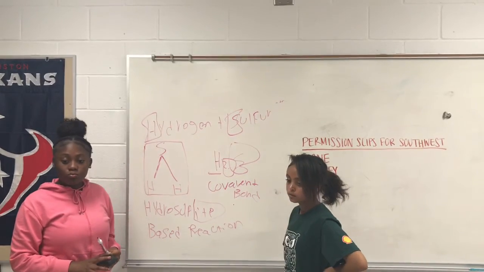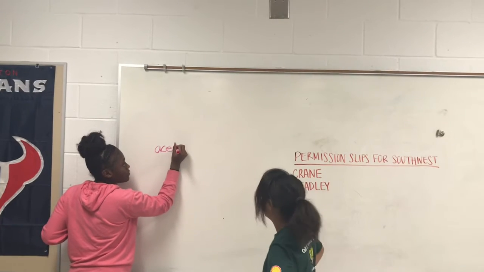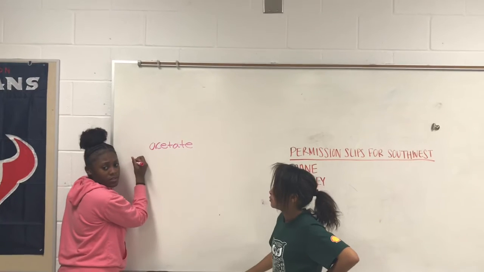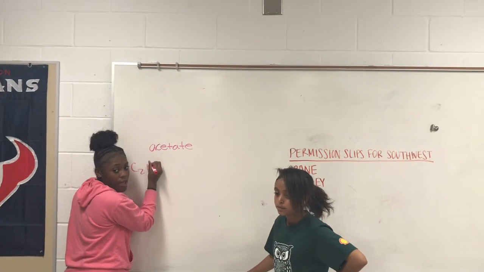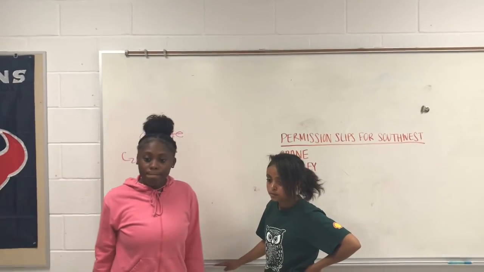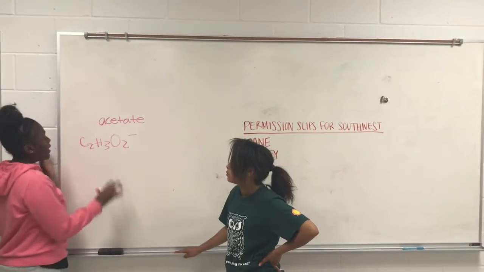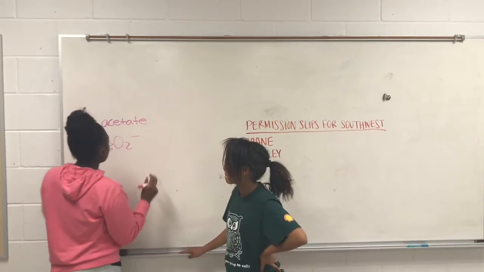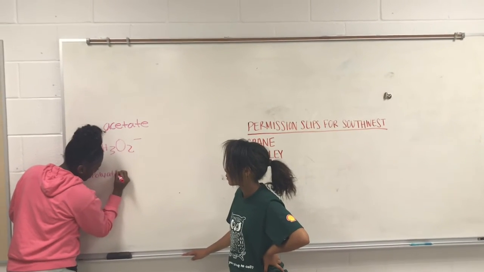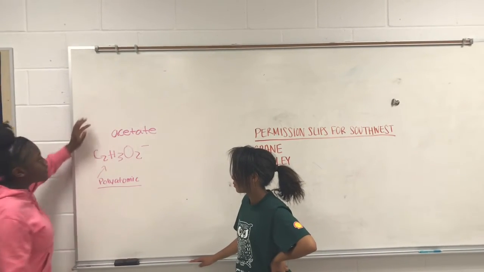And now, if you have a chemical compound like acetate, it would be C2H3O2 negative, and it will be a polyatomic. And you would change the name.